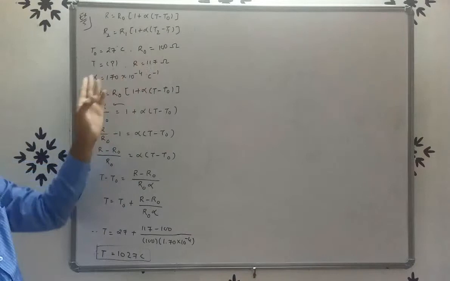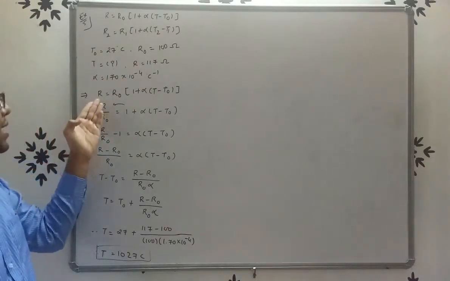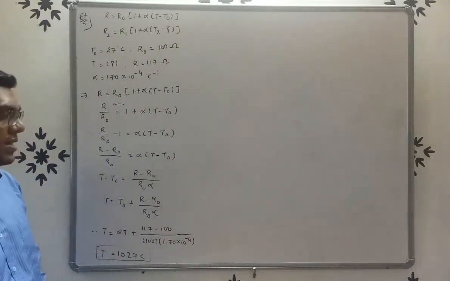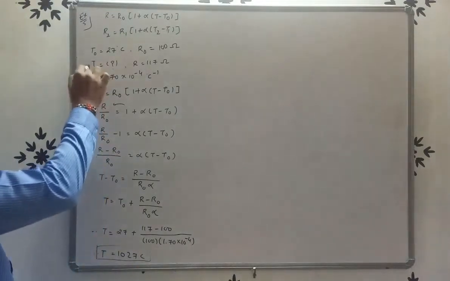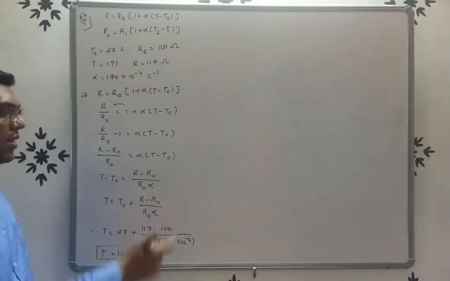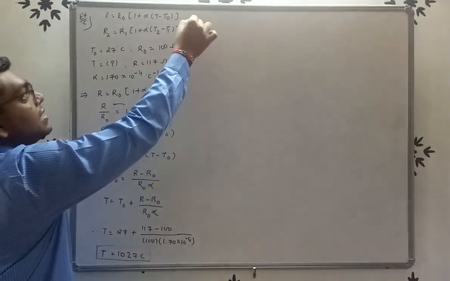We know the value of R and the temperature coefficient alpha is given. So we simply use the formula R is equal to R0 into 1 plus alpha into T minus T0. Right. And we have to find out T. So we formulate T and put the values of T0, R, R0 and alpha. So we will get temperature T is equal to 107 degrees Celsius.